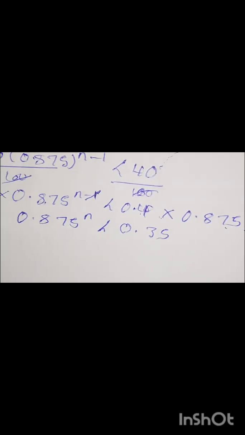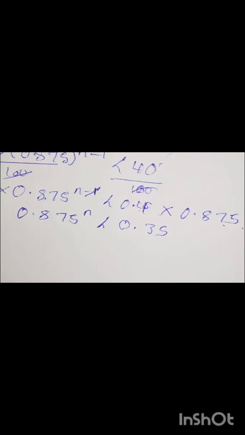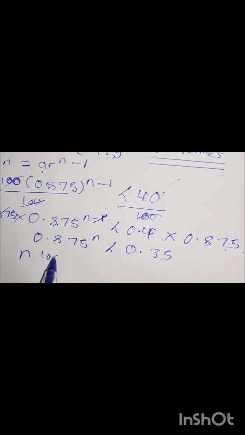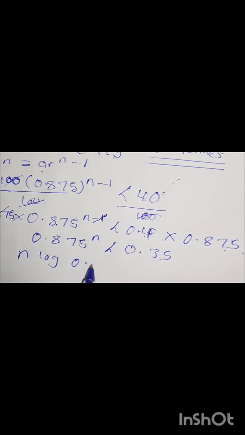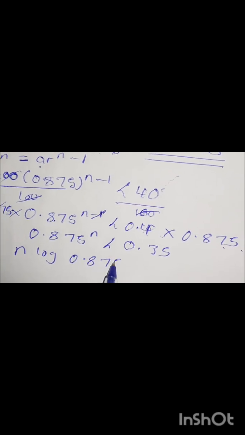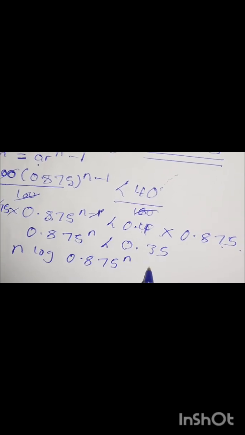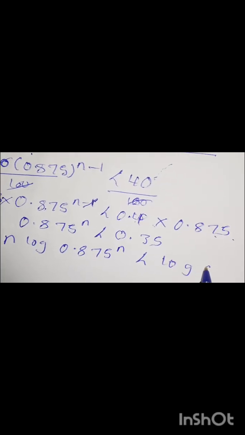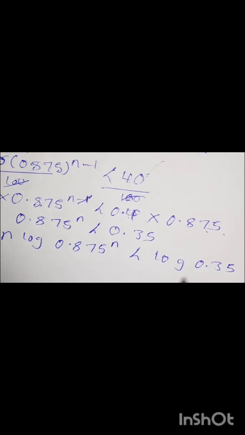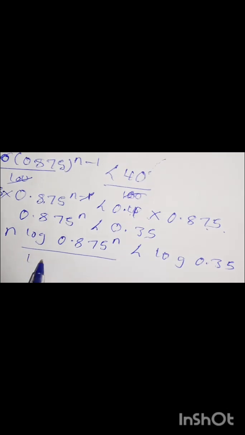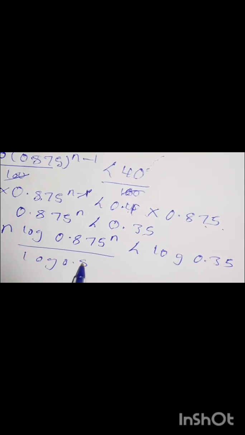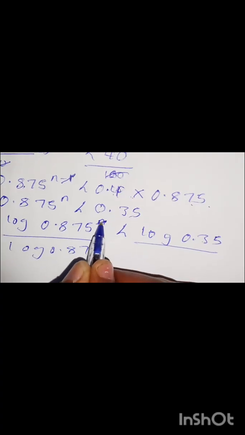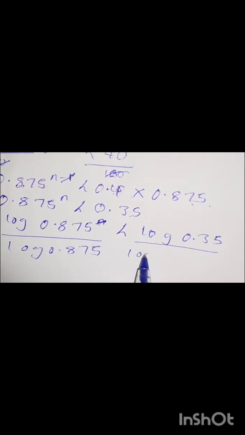From here, you can apply the law of logarithm. So n log 0.875 should be less than log 0.35, so n is less than log 0.35 divided by log 0.875.